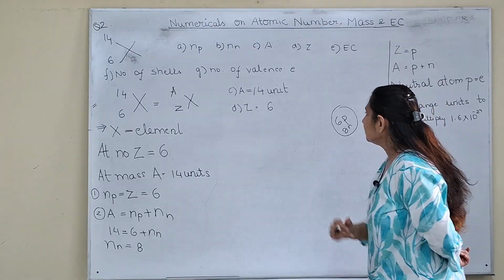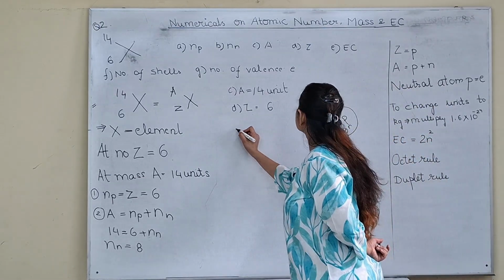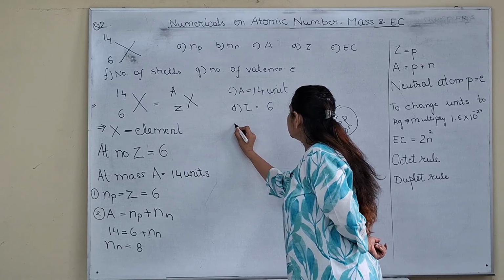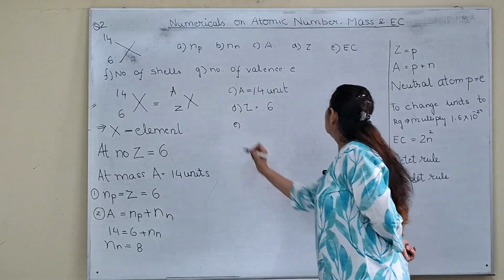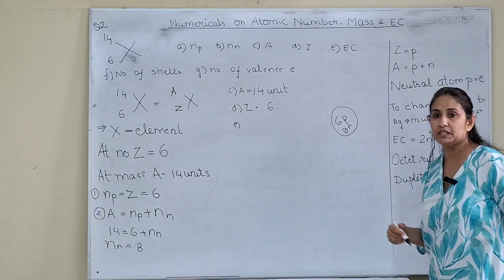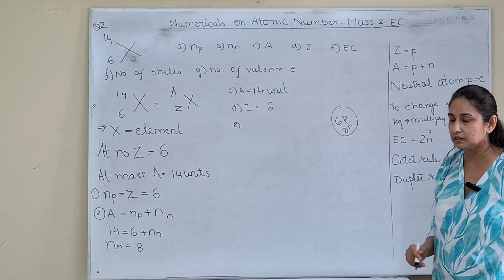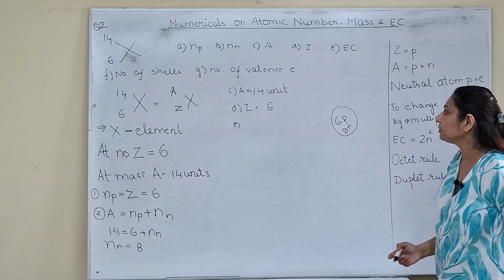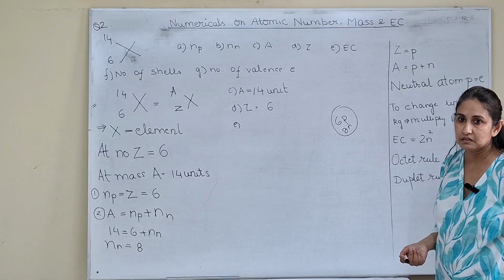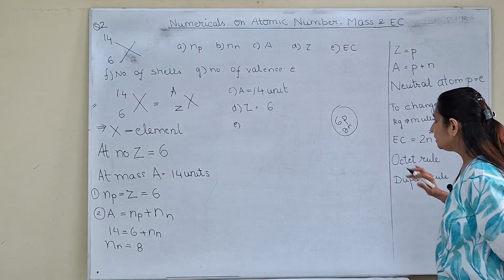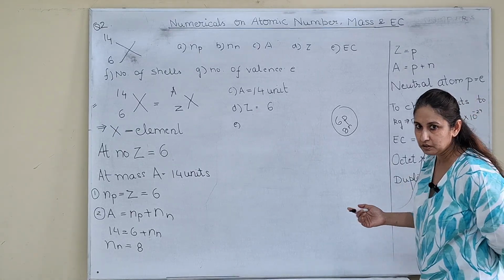Okay, what is electronic configuration? For electronic configuration what we need first is the number of electrons, obviously. If there are 6 protons, how many electrons are there? There will be 6 electrons. Let's start filling up the shells.